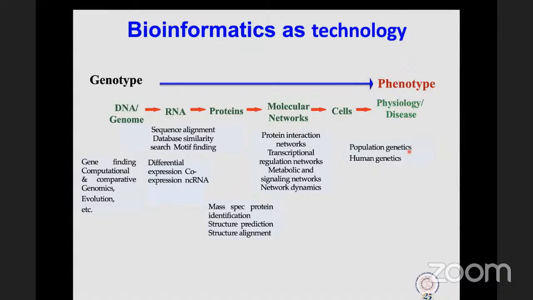This is an example I will give you of how you can use bioinformatics as a technology. So let's say genotype and phenotype. Can anyone tell me what the word genotype means and what the word phenotype means?